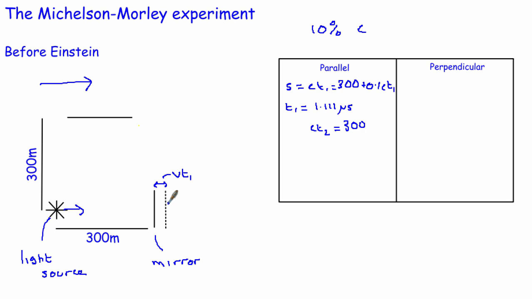But as the light comes back from here, the light rays caught it up, so we have to take away the distance that this detector moves forwards. So that's going to be equal to minus 0.1 c times t2. So we've got two times. We've got the time it takes to get to the mirror and the time it gets to get back to the detector.